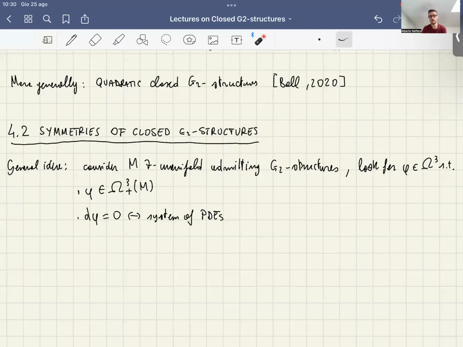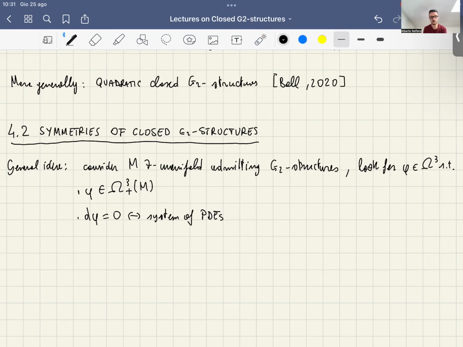examples. Think, for instance, of all those examples that we mentioned last time where there exist torsion-free G2 structures. They required lots of effort to construct these compact examples admitting a closed G2 structure with suitably small torsion.